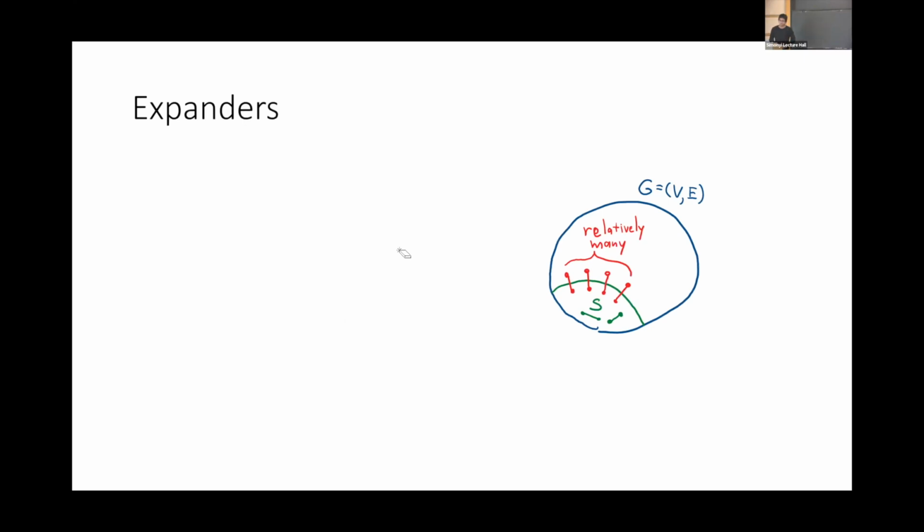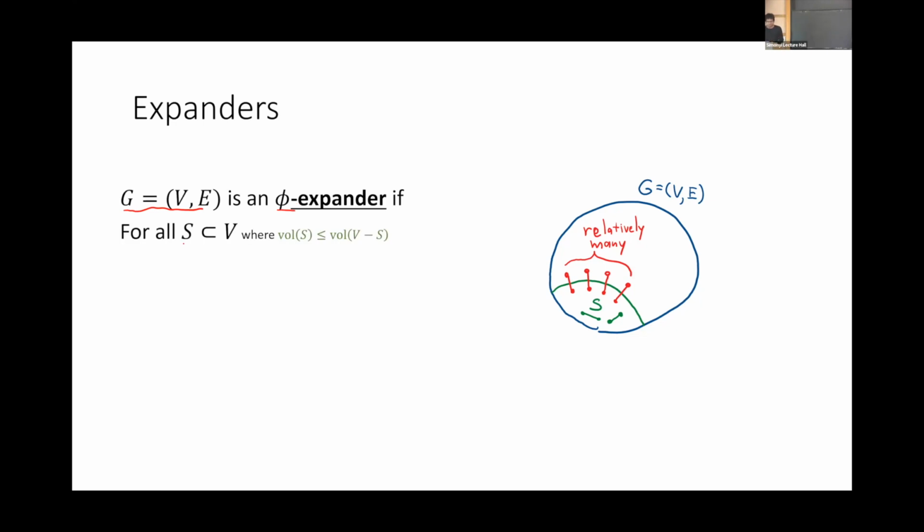Okay, so let's make it precise for this talk. When I say expander, I mean the following. The graph G is a φ-expander if, when you take any subset of vertices S where the volume of S is on the smaller side, the cut size of S compared to the volume is big.